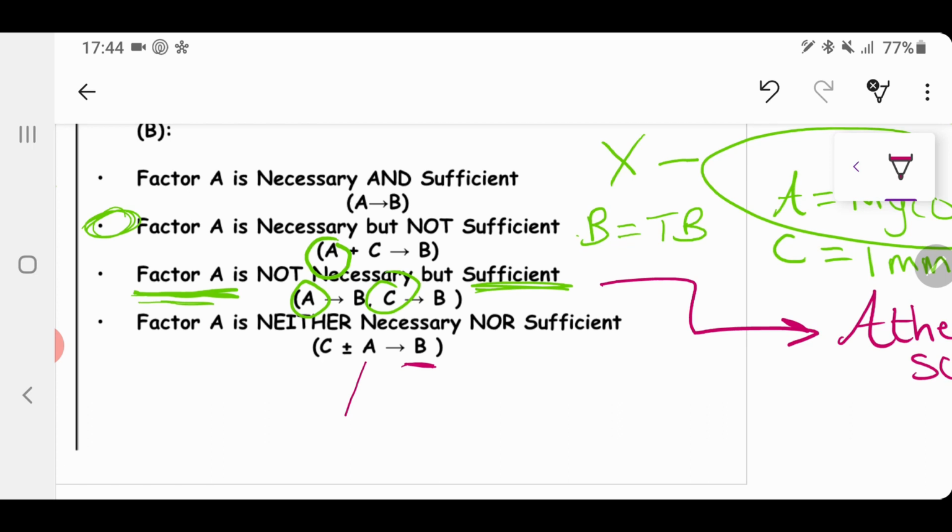So it's not necessary with C, and as a sole factor it's not responsible for causing B.